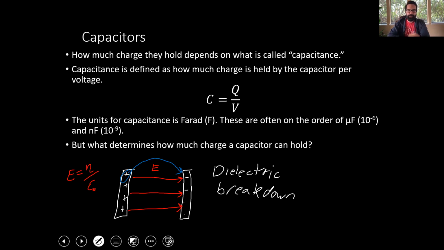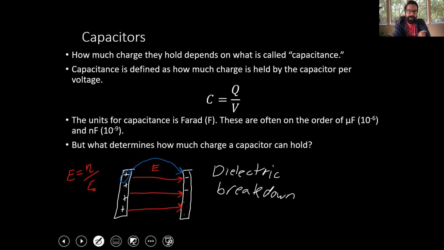In dielectric breakdown, the capacitor cannot hold any more charge. The electric field is strong enough to move the charge from one plate to the other, and as soon as that happens, you don't have separation of charges anymore, and then you don't have a capacitor. So that's dielectric breakdown.